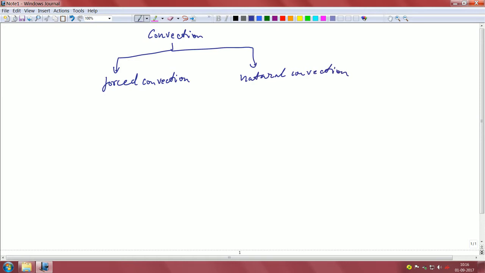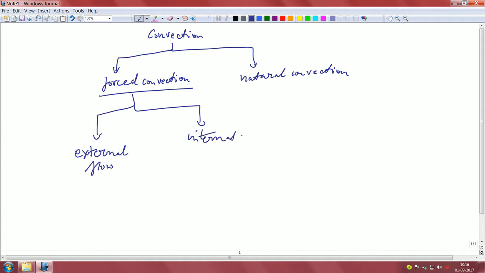Under forced convection there are basically two parts that we will cover in detail. One is external flow, and this is where the flow over a flat plate comes into the picture, along with different varieties of external flow. And then there is internal flow, which is flow through pipes, channels, enclosed channels, things like that.